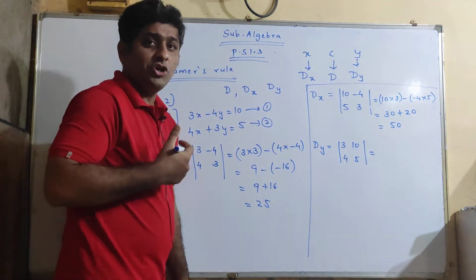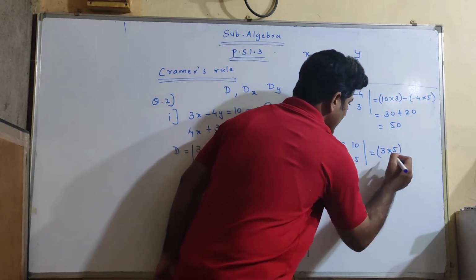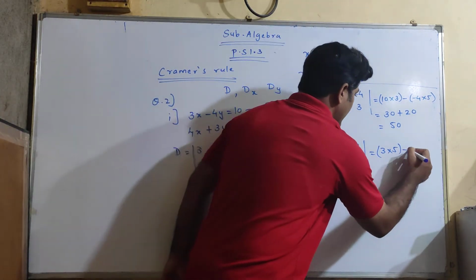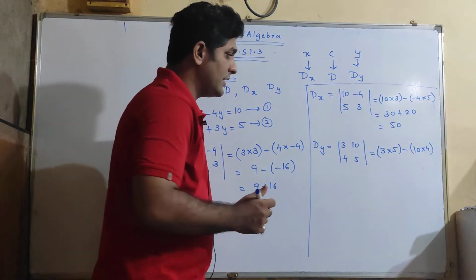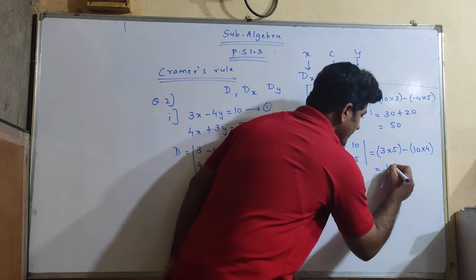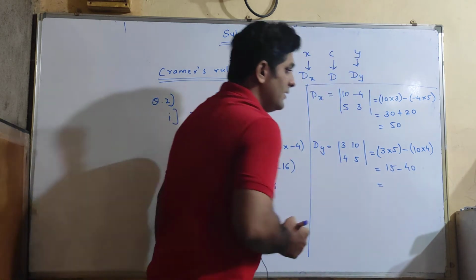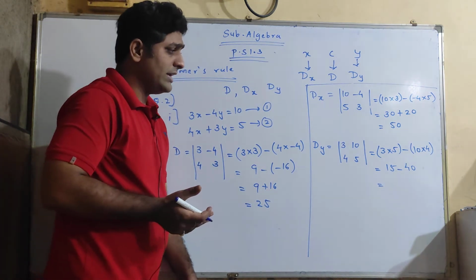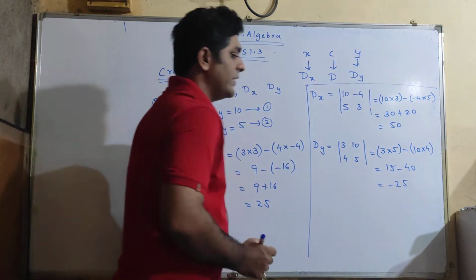Let's find the value of this determinant now. 3 multiplied by 5 minus 10 multiplied by 4. Correct? So this is like 15 minus 40. Correct, students? So if I calculate over here, 15 minus 40 will give us minus 25.